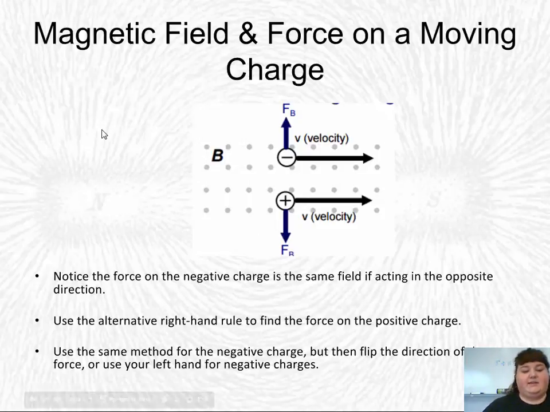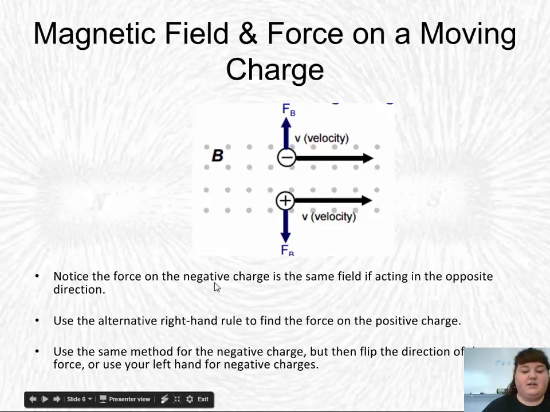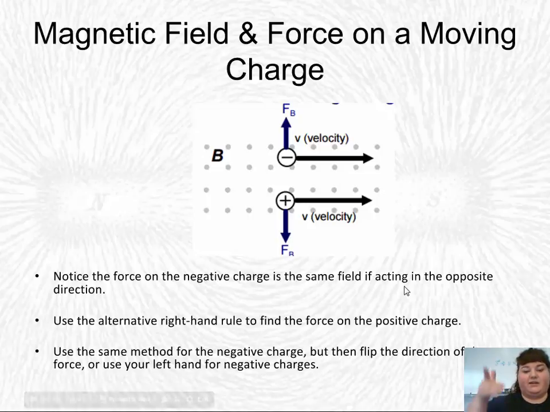So let's try an example here. If we notice, the force on a negative charge in the same field is going to act in the opposite direction. So if we have a positive charge, we can use our right hand rule. If we have a negative charge, you can just change the direction. So it's going to be opposite the direction of the positive charge.